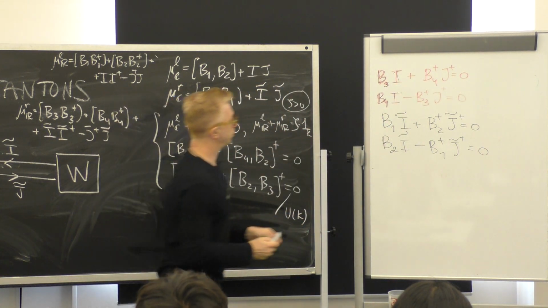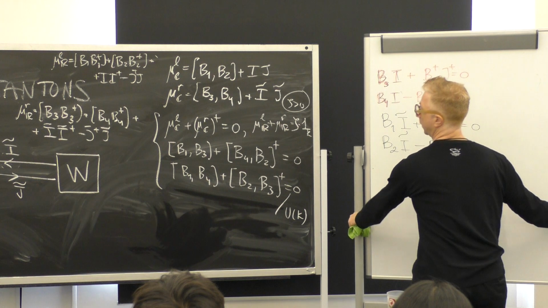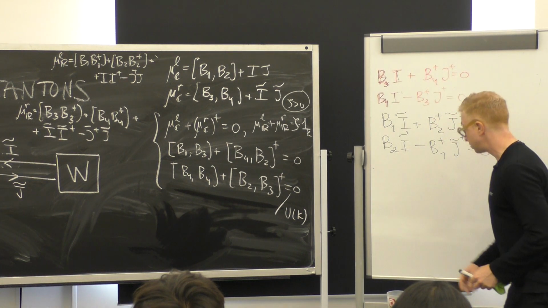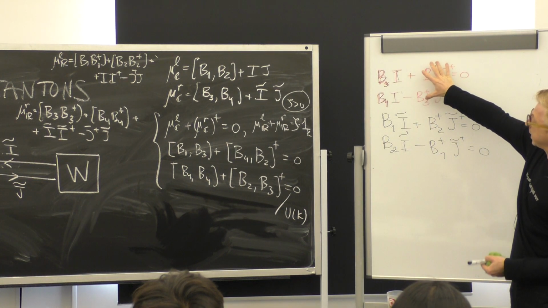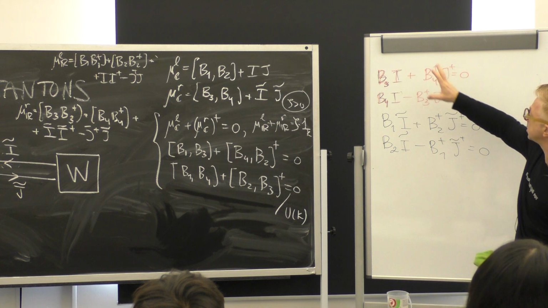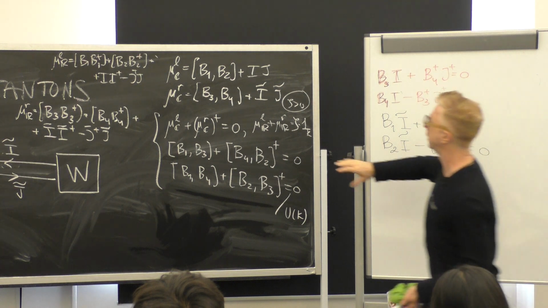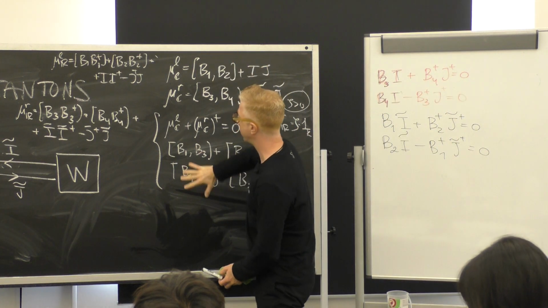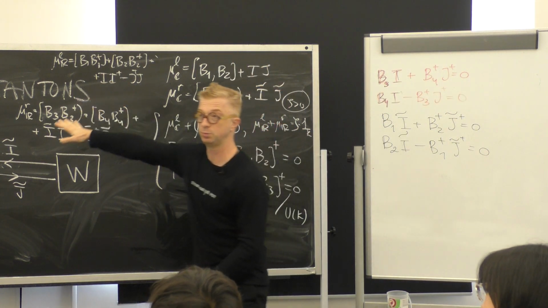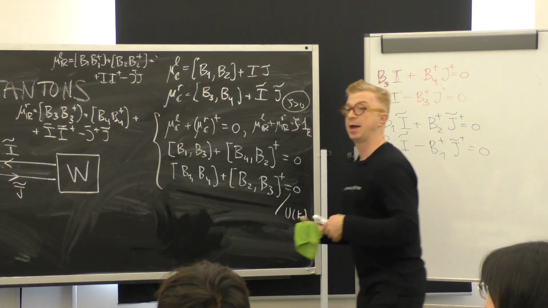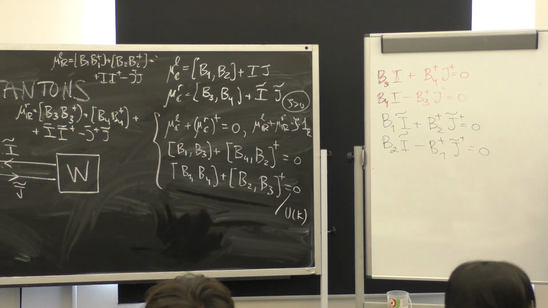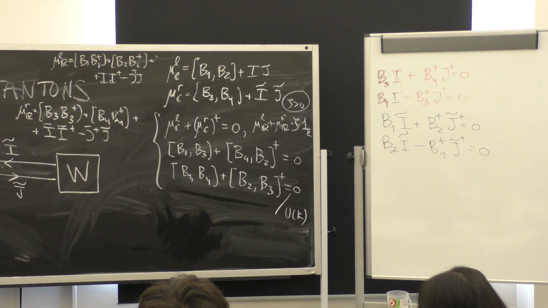Okay, so there are as many equations of the first type as I and J matrices. There are as many equations of the second type as I tilde J tilde matrices. And there are an equal number of equations here, and the matrices B1, B2, B3, and B4. So I impose an equal number of equations and symmetries on my variables.